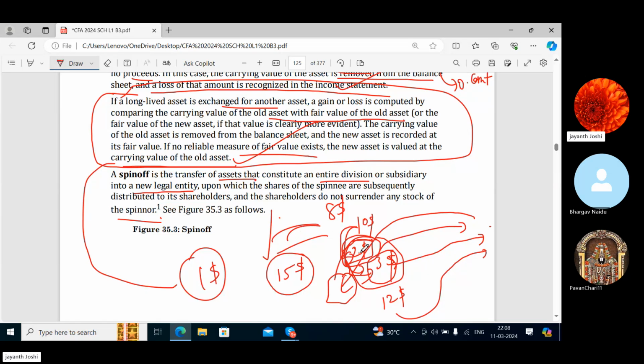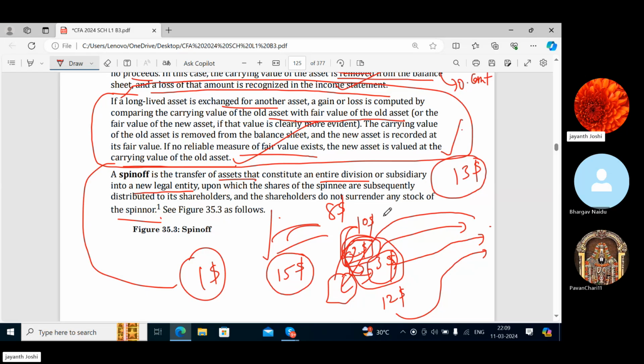For this old asset of $2, they are ready to give you $3. You got $1 extra in that case, and you are paying $12 to them additionally. Otherwise, how many dollars would you have paid? $30. That's what. Understood?